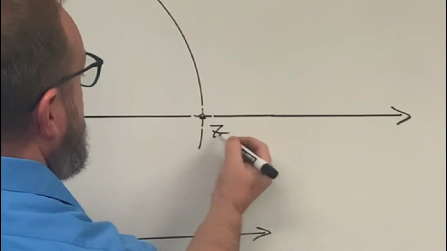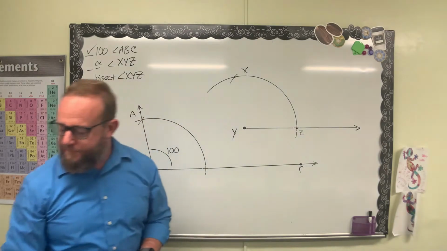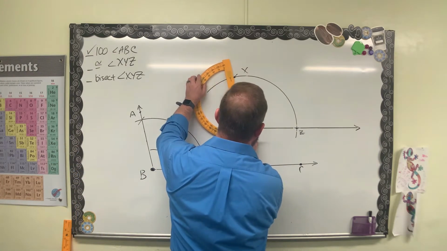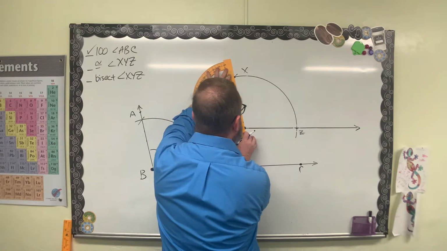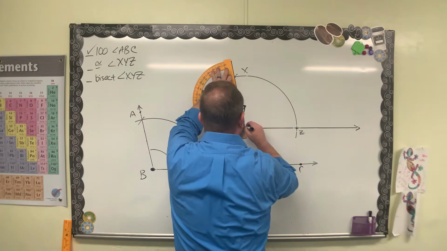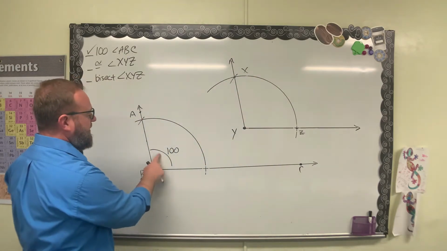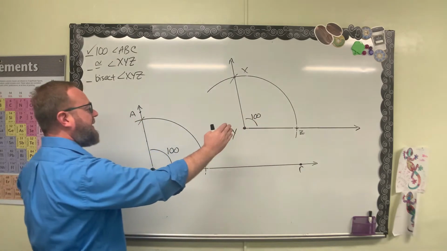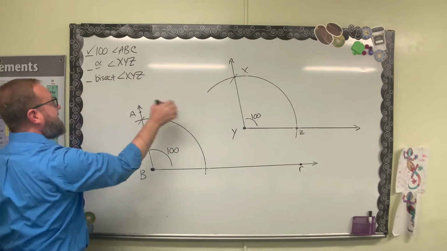Z. And then I reach for a straight edge and line up the two points, because I remember that two points in a plane form a straight line. So I have now duplicated this 100-degree angle over here as a congruent 100-degree angle, now labeled XYZ.